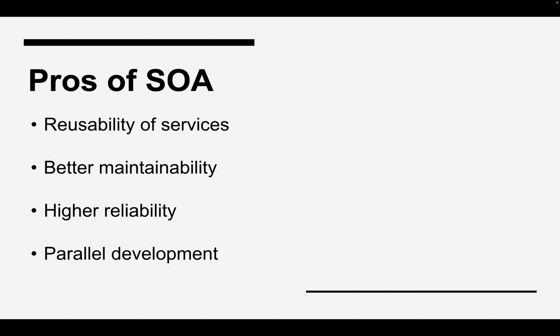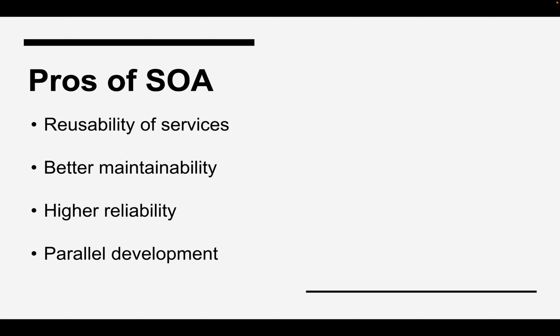With the service-oriented architecture, you can maintain your services separately from one another, so you can shut down one service and still have all the rest of your application system running. And also you can introduce updates separately to different services.